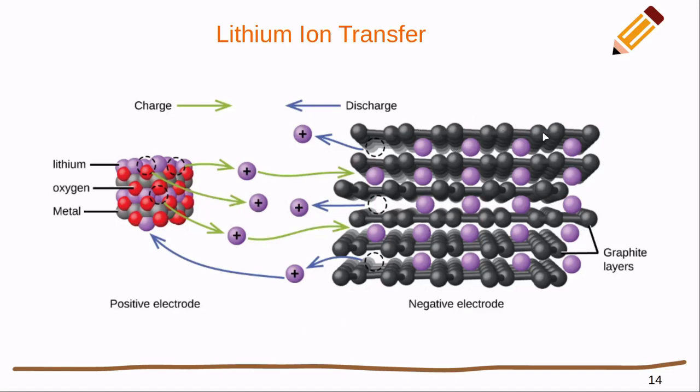Graphite is a good conductor, so it can operate well as an electrode, and so can this metal oxide over here. It's actually able to operate as a conductor as well. Though you're typically probably going to see an inert electrode stuck in there.